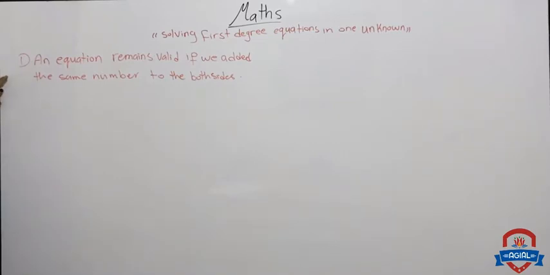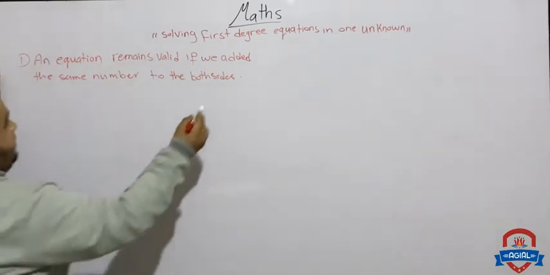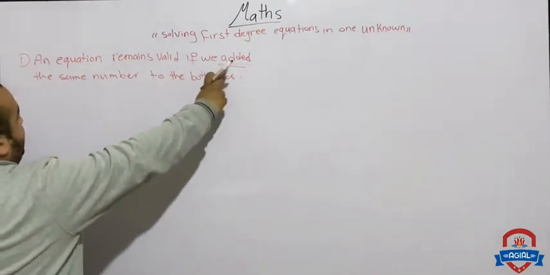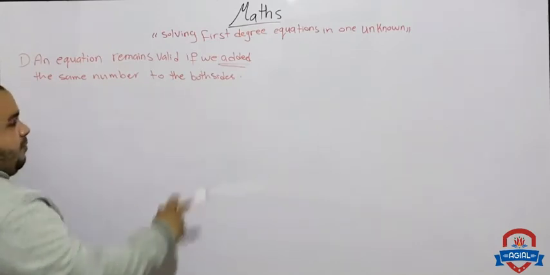An equation remains valid if we add the same number to both sides.